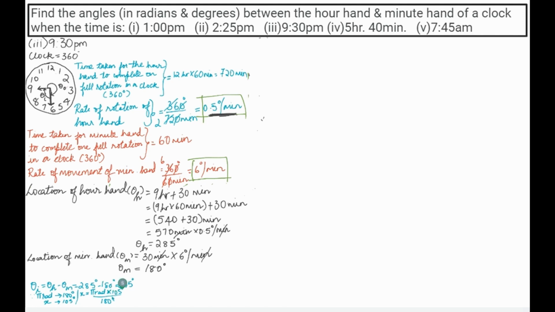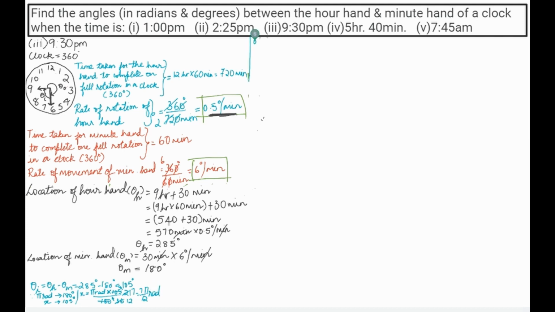Degree unit and degree unit cancel out each other. 5 into 36 is 180. 5 into 2 is 10, and remainder is 1. So 5 into 1 is 1. So 3 into 7 is 21, and 3 into 12 is 36. So we get 7 pi by 12 radians.